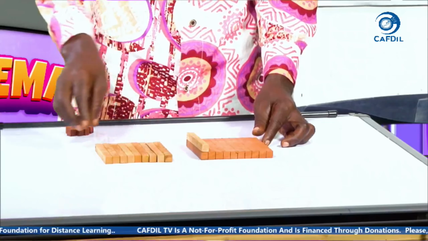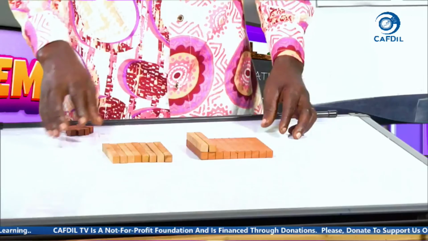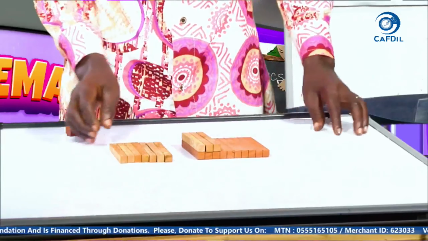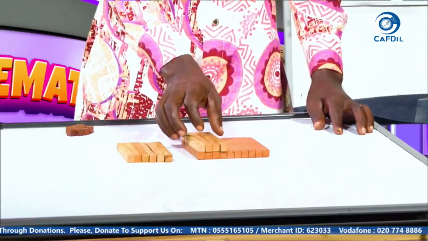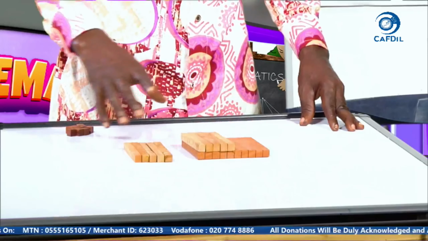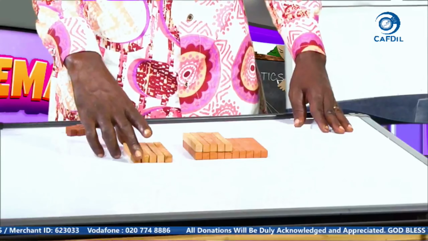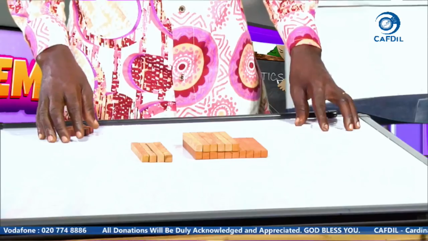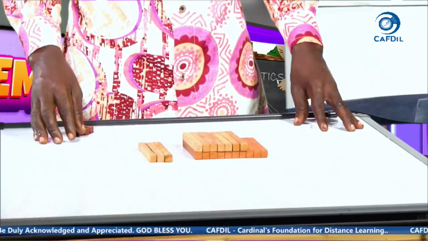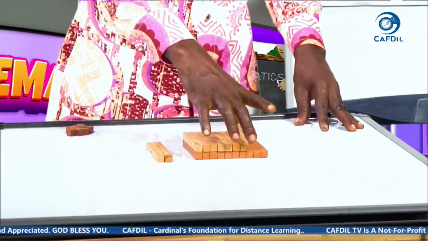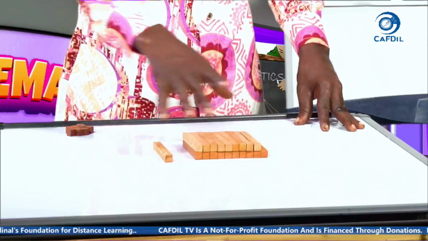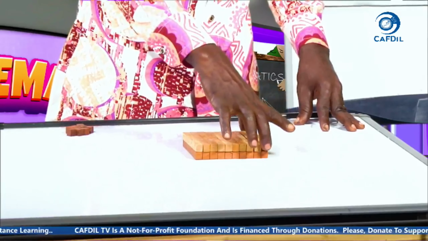So this is 10, 20, 30, 40, 50, 60, 70, 80, 90, 100.